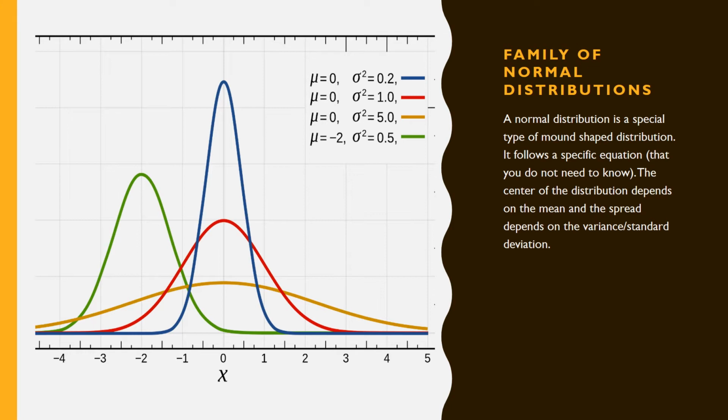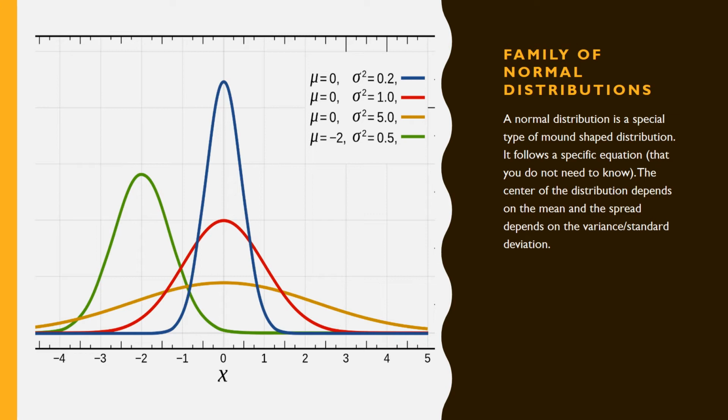And we go to yellow. It also has the same center as the red and the blue, but it has an even greater variance than the red distribution. So it has a variance of 5, so it's really spread out. And then let's go to the green one. It's a little off-centered from the other ones, right? It has a mean of -2, so its center is at -2.